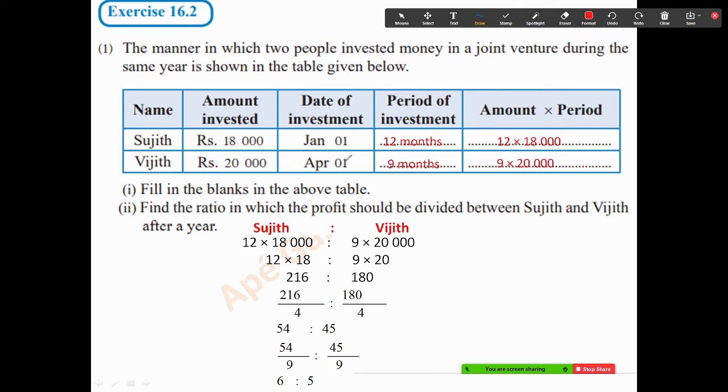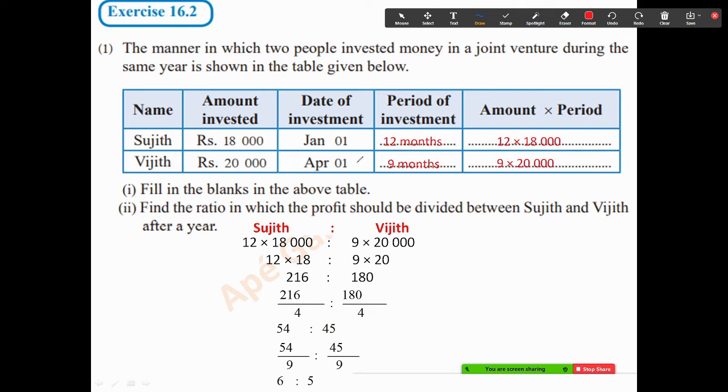Vijit invested on April 1st. April 1st means at the beginning of April, so April is included. You can count the number of months: April, May, that way. The easier way is subtracting months. April 1st means in January, February and March his money was not in the business.